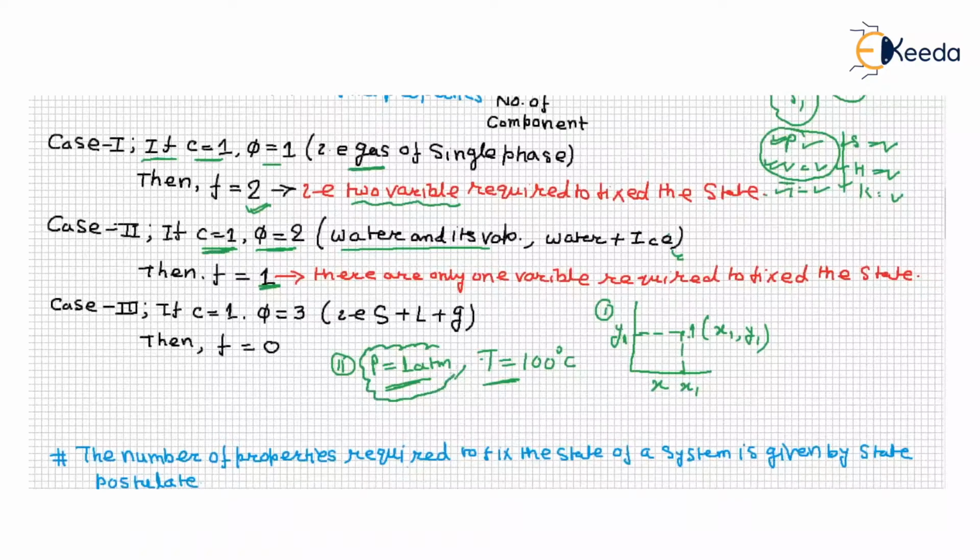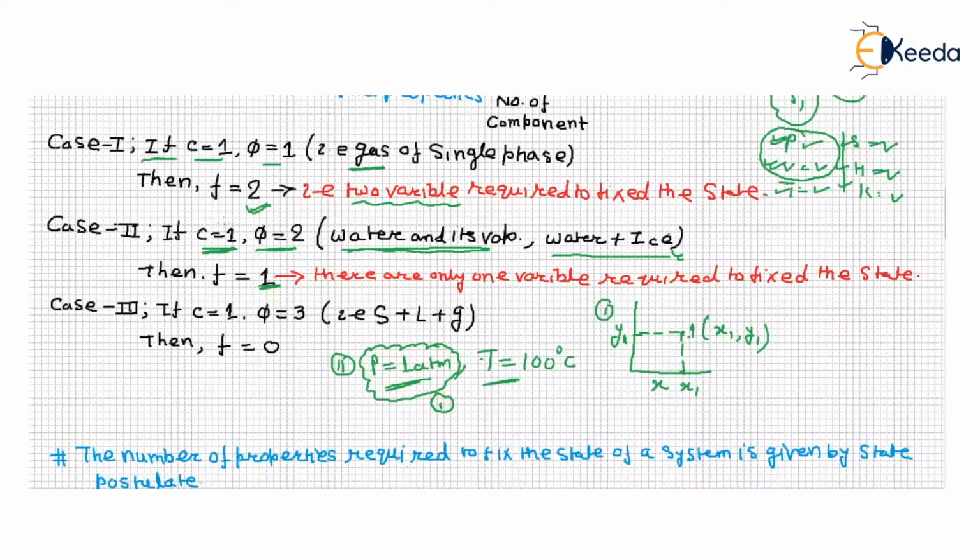That means at 1 atm, the water gets converted into its vapor. How much temperature? It will be 100 degrees centigrade. That means if you define only one property, the other is automatically fixed. So we can say that in such a type of system, that means water and its vapor, water and its ice, one component and two phases, the minimum number of properties is one.